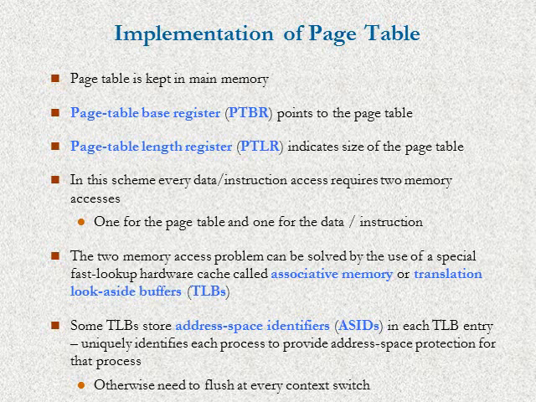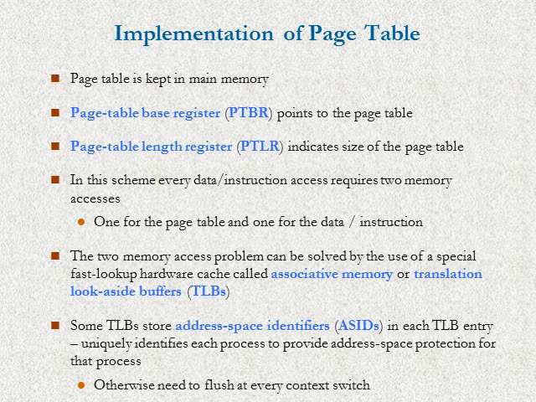When we have this paging scheme in place, every instruction fetch requires two memory accesses. We require one memory access to access the page table, and once we have that mapping and translate to get the exact physical address, we require another access to main memory to fetch the instruction or the data.